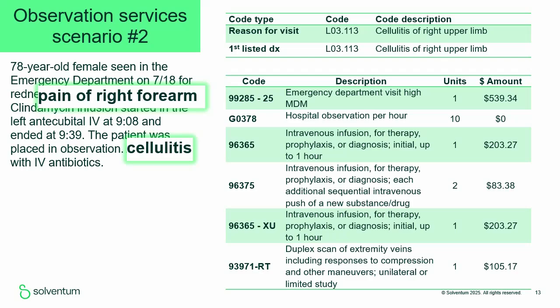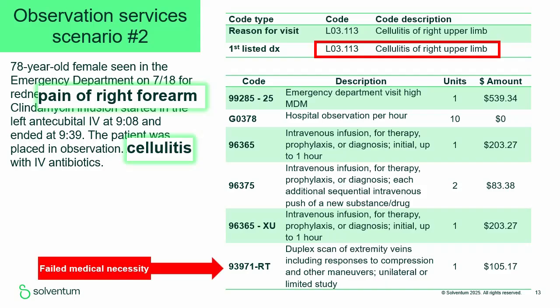The coding does indicate the capture of cellulitis for the reason for visit, as well as the first listed diagnosis. In this case, we did fail medical necessity for the venous Doppler duplex, as cellulitis does not meet medical necessity.